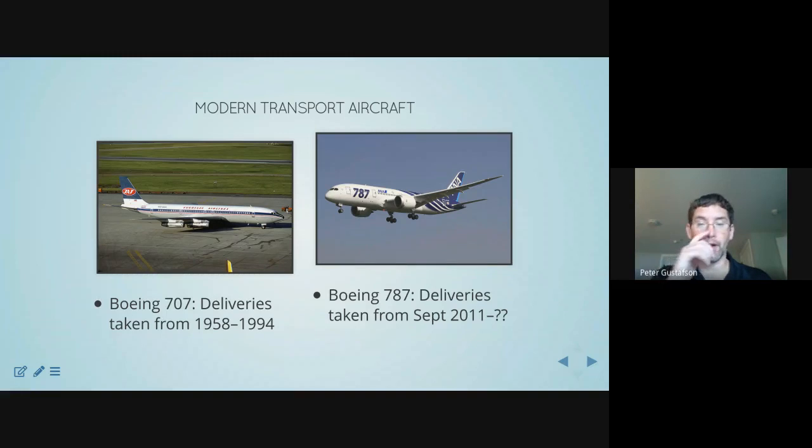It's also worth noting that aerodynamically, these aircraft are quite similar. Same type of tail, same type of wing-mounted engines, same type of tube and wing overall aerodynamic configuration. So we've continued to refine the modern transport aircraft over the last 60 years, but by the late 50s, we had most of the features of what I would call a modern transport aircraft in place.